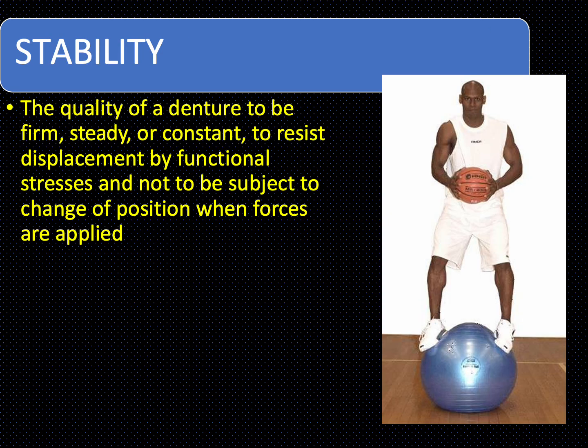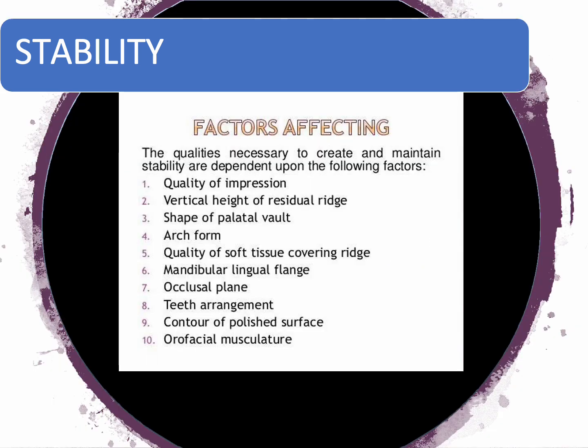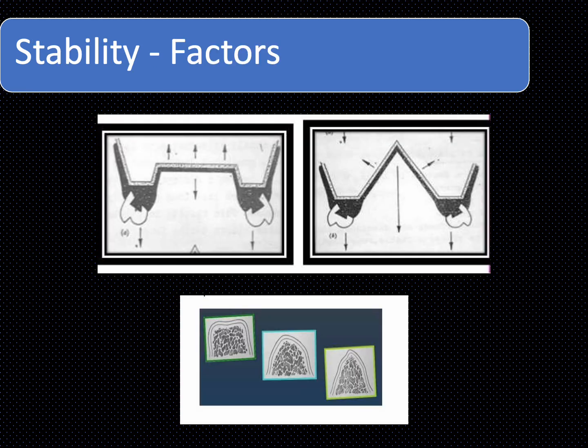Stability is the quality of a prosthesis that aids in being firm, steady or constant, to resist displacement by functional stresses and not to change position when forces are applied. Now, these are the factors which enable the stability of the prosthesis.